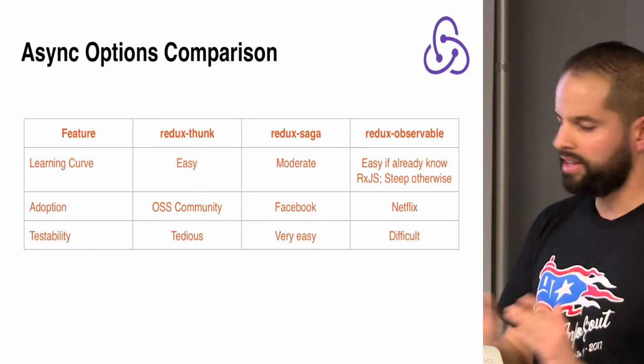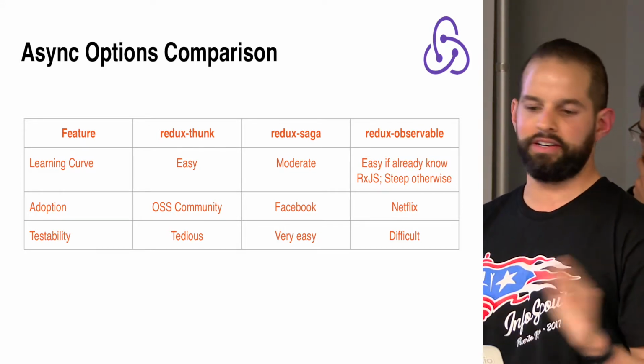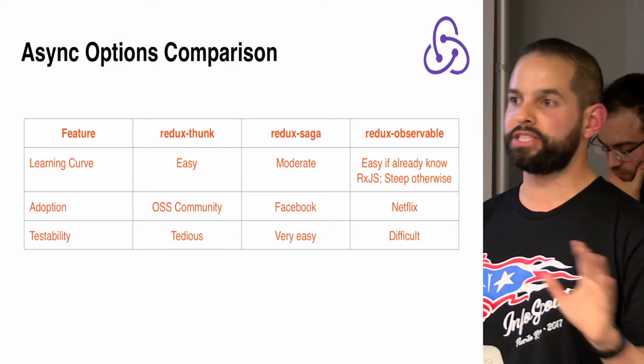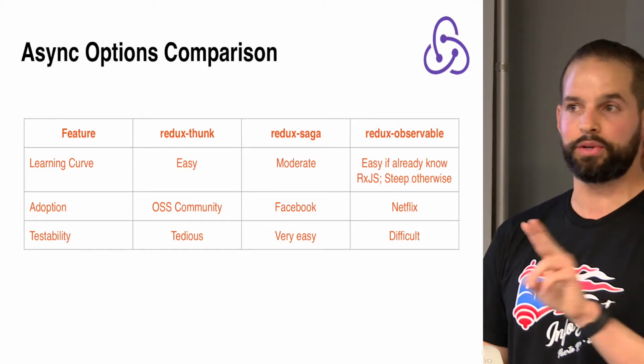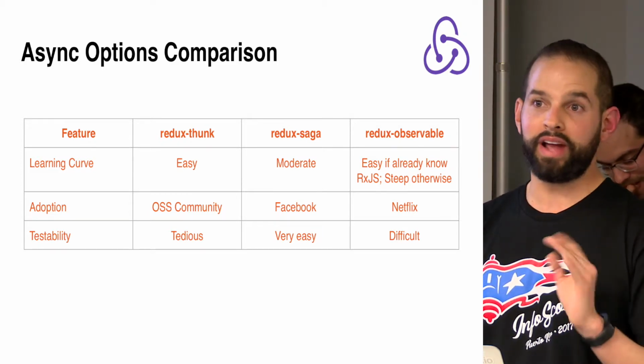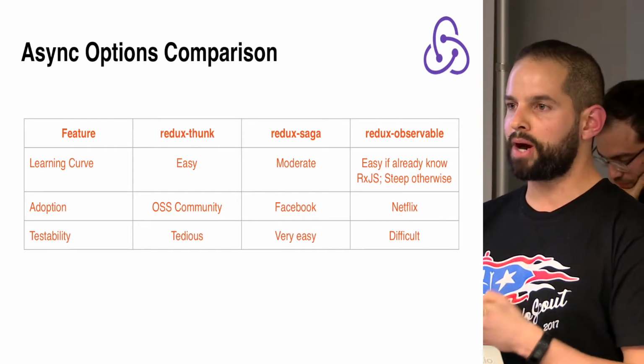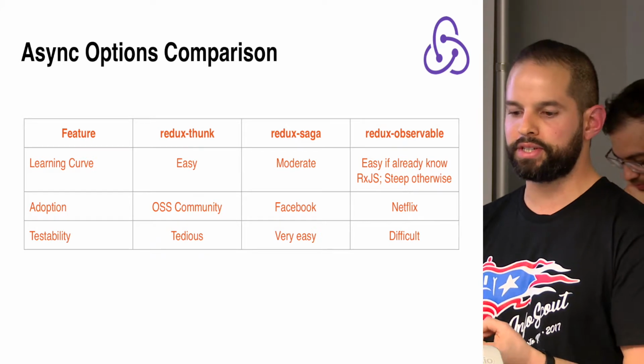So let's see the comparison of these three libraries. The first one is the learning curve. The easiest one is Thunk, but it's not as powerful as the other two options. If you know RxJS and reactive programming, then the best one to use is Observables, because it's more powerful, more readable, more functional.